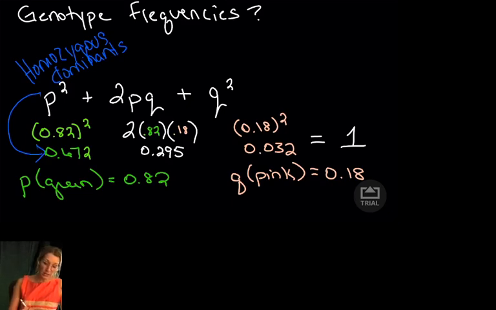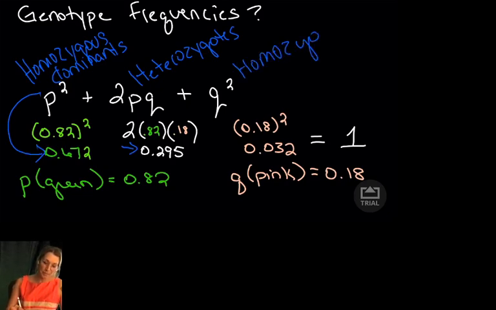Then 2PQ, that's our heterozygotes, right? Right here, 0.295. And then these are our homozygous recessives, and that's going to be right here.